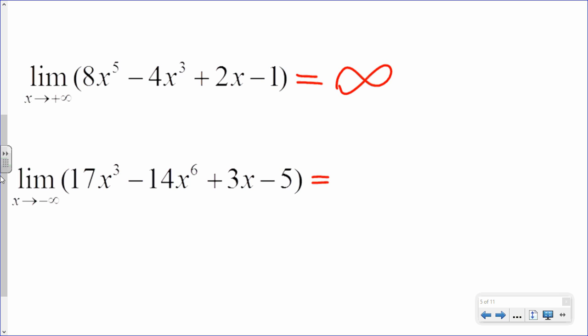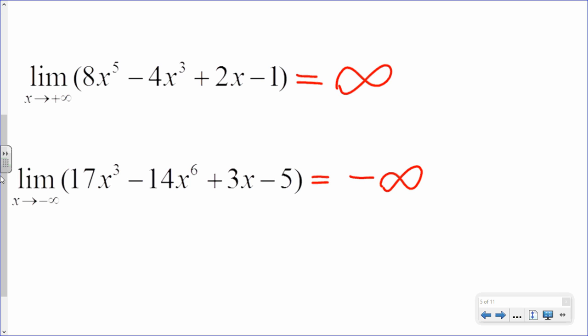The next one, the limit as x approaches negative infinity of this lovely function. Chris, what does your pod say? And why is that? Your pod mates help you out with why you chose negative infinity.